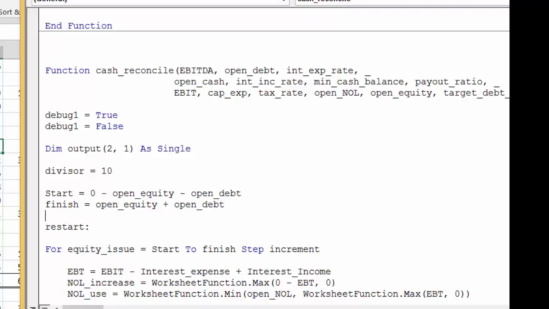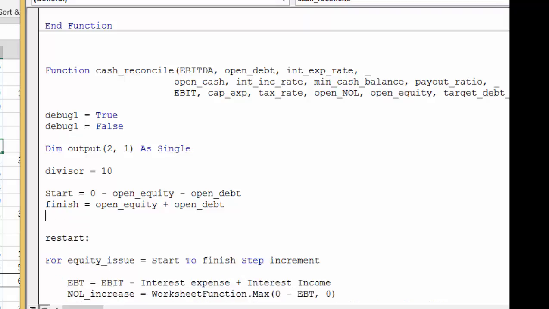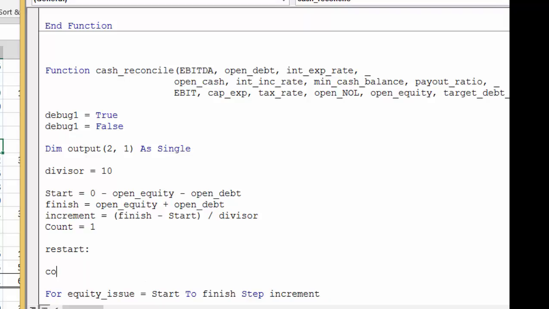Now, and increment equals finish minus start divided by divisor. Okay, and now let's also put a count equals 1, and we can put a count equal count plus 1.